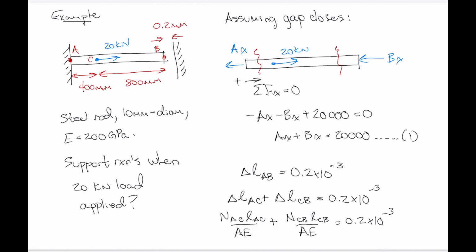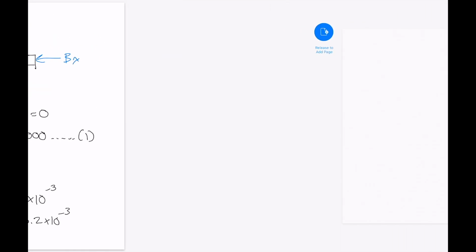So let's draw our section cuts. Even though this seems straightforward, it's best to draw those section cuts and the internal normal forces, so you remind yourself to look at whether they're tensile or compressive, and don't make a mistake there. We draw the free body diagram of the object again so we have it handy. We've got 20, Bx and Ax.